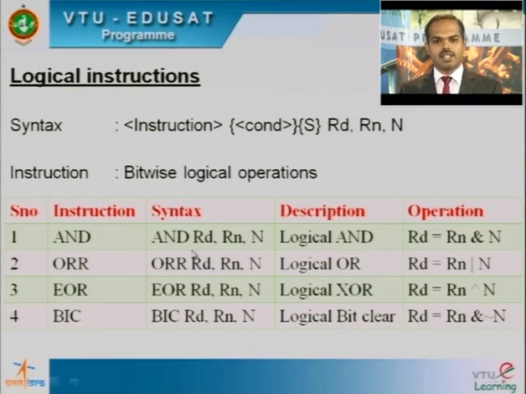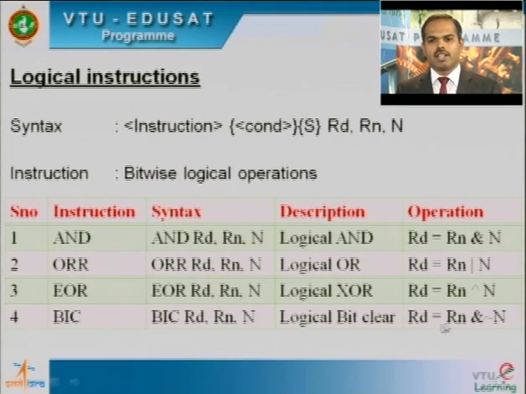Before that, just look at the syntax. AND Rd, Rn, N, that's the standard syntax mostly. ORR Rd, Rn, N. EOR Rd, Rn, N. BIC Rd, Rn, N. It is the standard syntax mostly in ARM processors. The operations for AND, OR, XOR and bit clear are shown in the last column of the table.